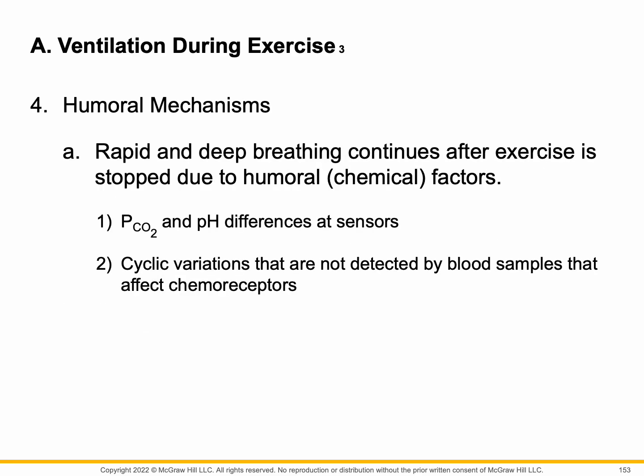There's also a humoral mechanism where rapid and deep breathing continues after exercise has stopped due to humoral or chemical factors. The carbon dioxide pressure and pH differences at the sensors are detected, and you have cyclic variations that are not detected by the blood samples that affect the chemoreceptors.